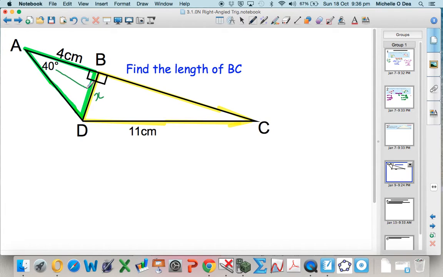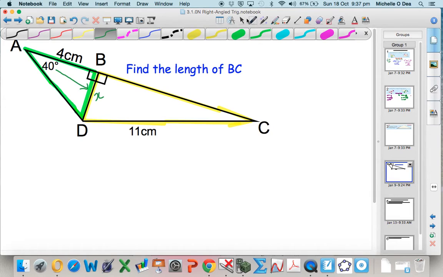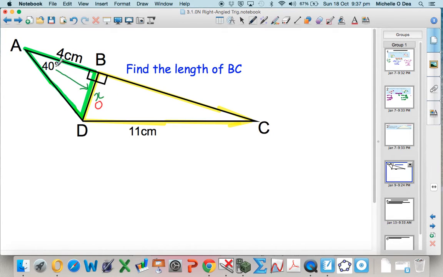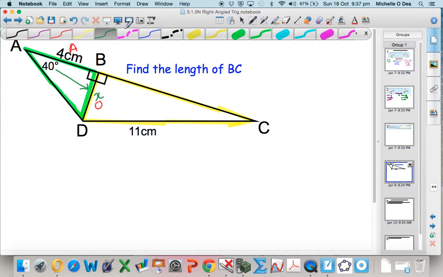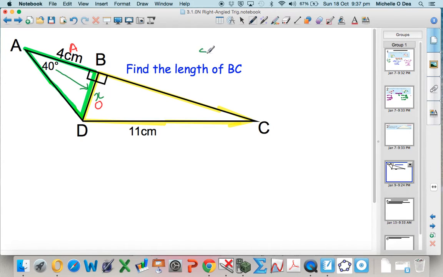So what I'm trying to find is opposite the angle. Let's get a different color. So this is opposite. This is next to the angle, so that's the adjacent. So let's quickly write out SOHCAHTOA. So I have the adjacent.